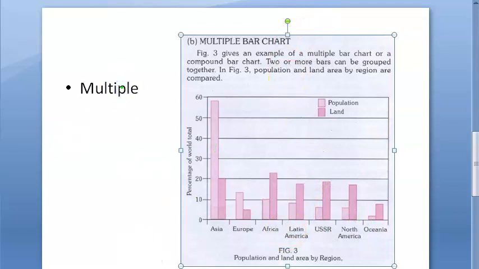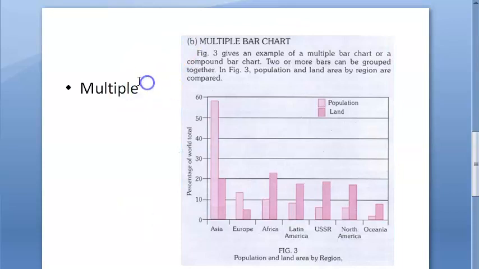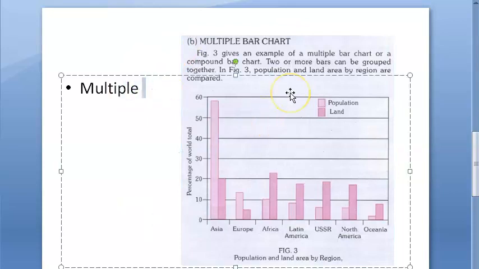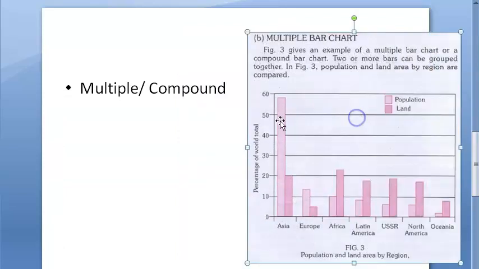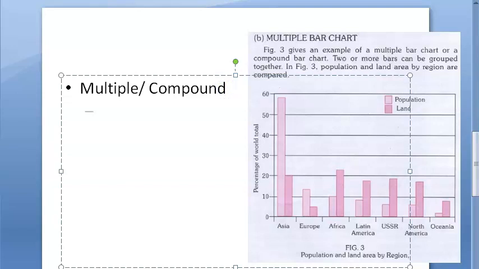So what is multiple bar chart? Multiple bar chart or a compound bar chart. They're calling it multiple or compound bar chart.